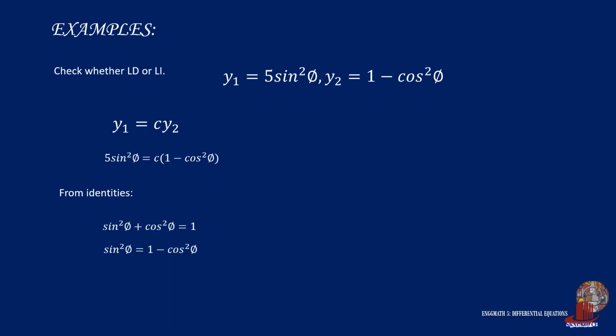So we can arrange terms to have sine squared phi is equal to 1 less cosine squared phi. And these two are what we have in our functions, so we can actually cancel them out, leaving us with c equal to 5. 5 is a constant, so we can say that the functions are linearly dependent.